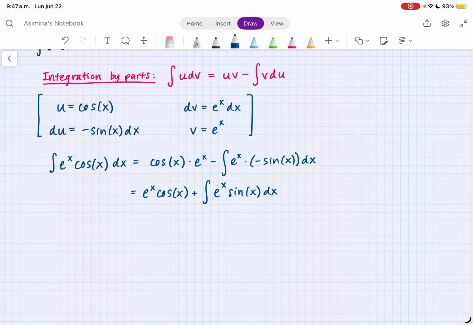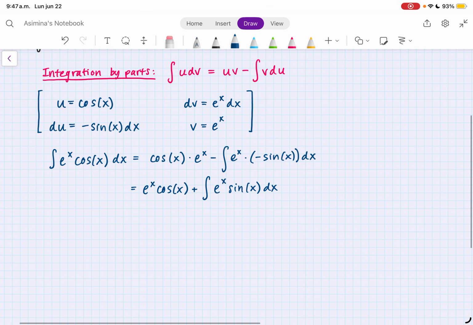Okay, but now we have another problem to solve. Now we have this integral of e to the x sine of x dx to solve. So again, we do the same thing we did before, right? We can't do u substitution, so we'll try to do integration by parts. So for here, I'm going to do something similar where I'll let u equal sine of x. So then if u is sine of x, what's du?